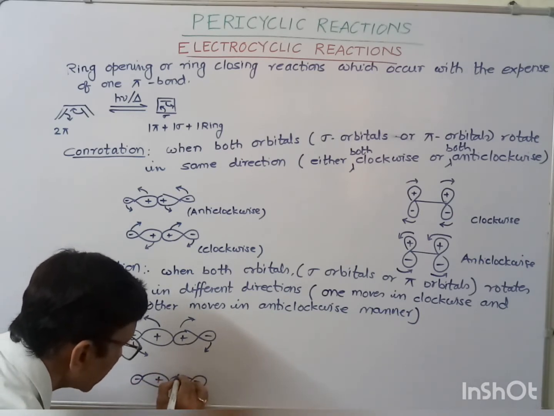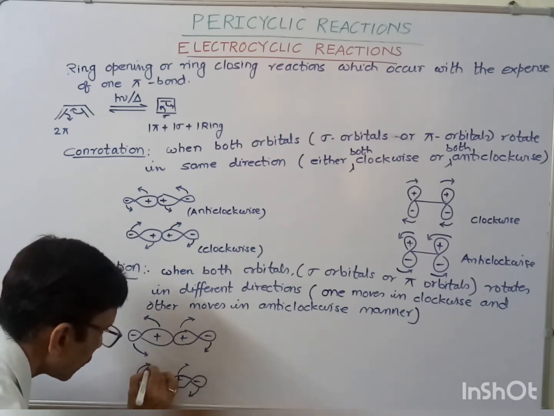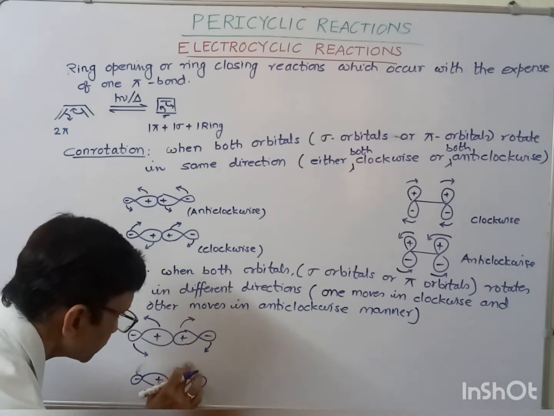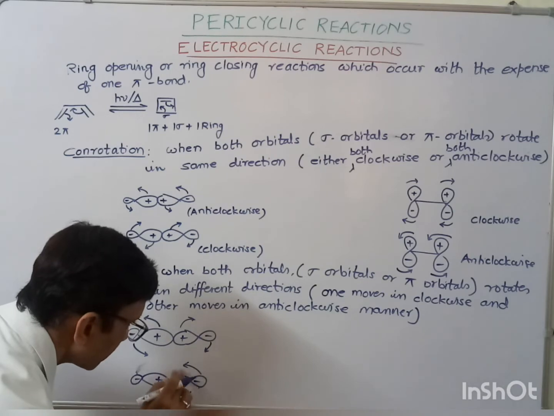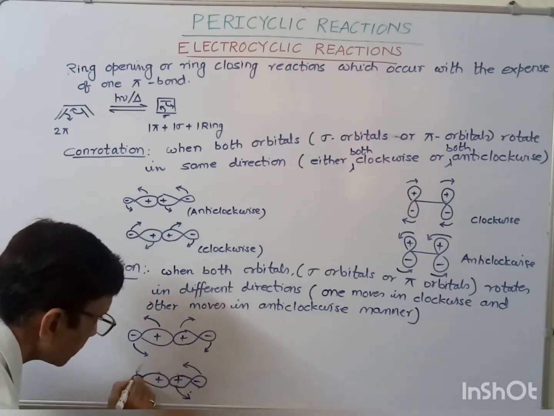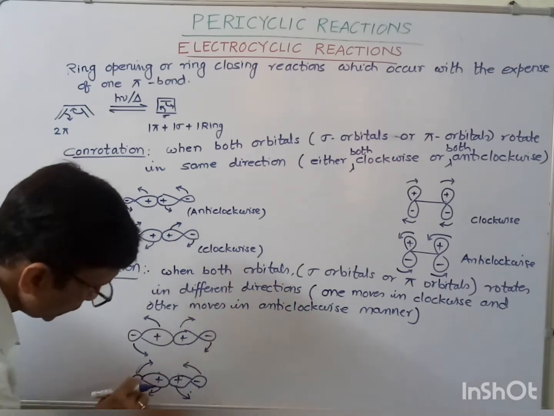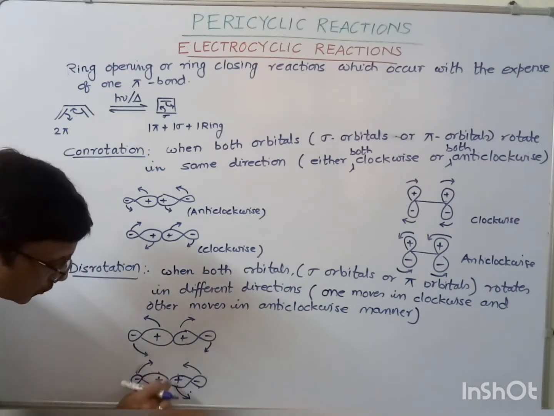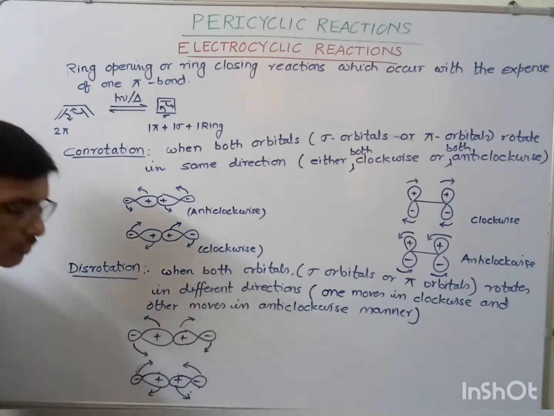If this is moving in this direction, then this will also be like this. As you can see, this orbital is moving clockwise and this anti-clockwise. Here this is anti-clockwise, this is clockwise.